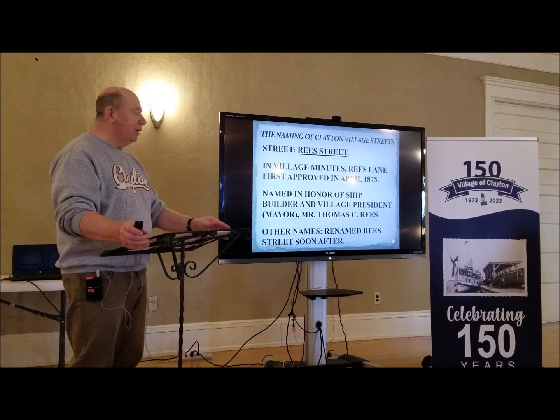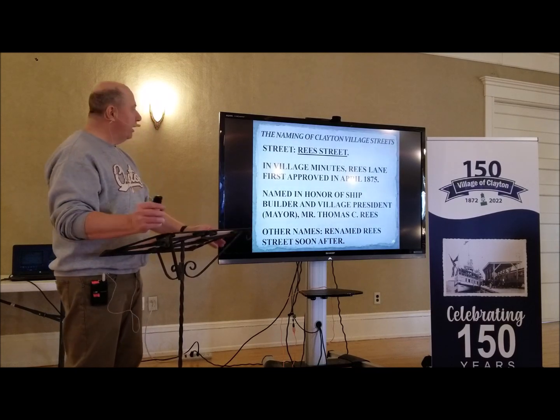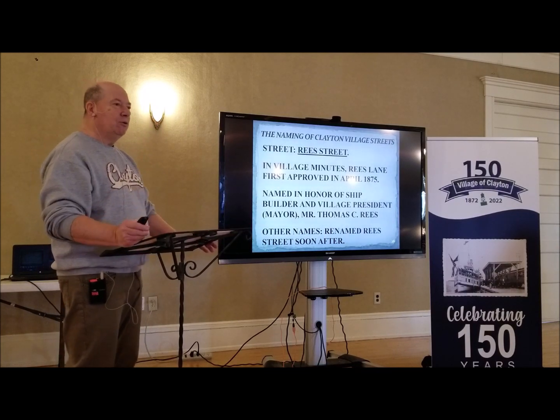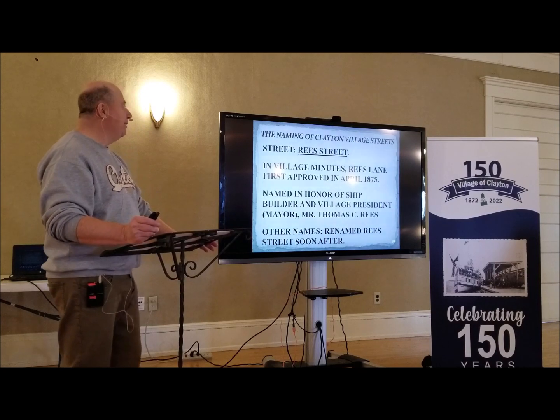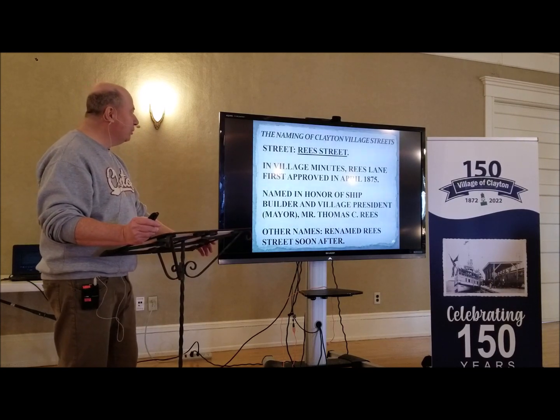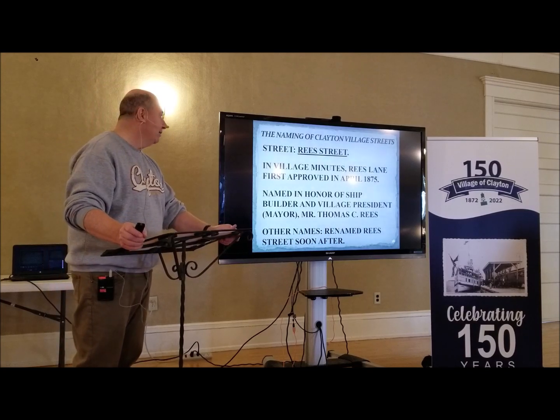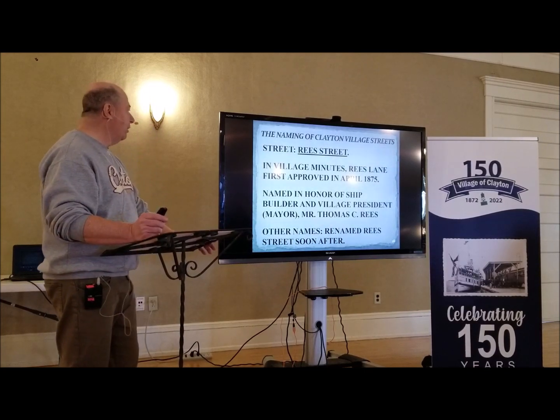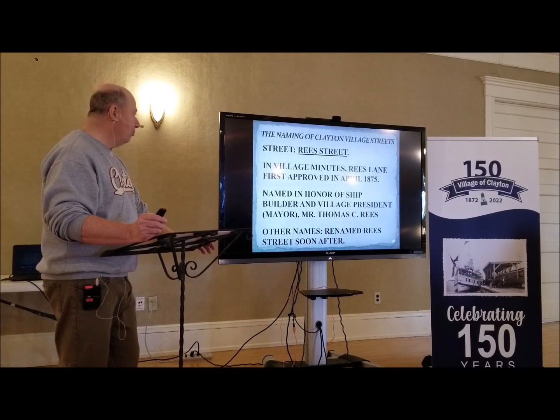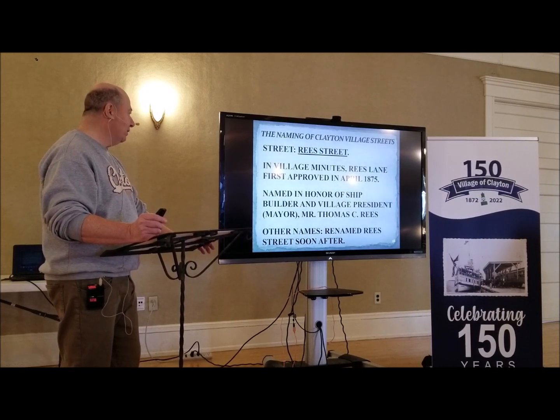So I'm reading one night when I could have been watching TV, but I chose to look at village minutes instead, and I come across, first approved in 1875. They called it Reese Lane. And it says, named in honor of shipbuilder, village president, who was also mayor at one point, Thomas C. Reese.